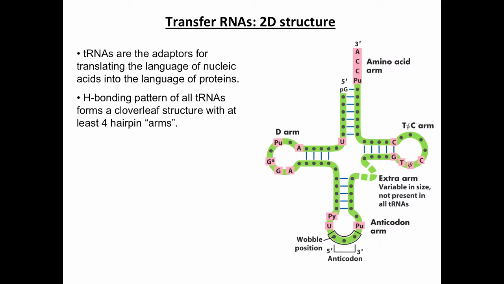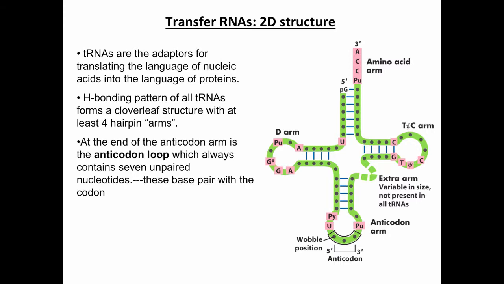So you have hydrogen bonding in the actual tRNA sequence, and that's going to form this cloverleaf structure that has 4 hairpin arms. You have a T psi C arm, you have an anticodon arm, you have this other hairpin called the D arm, and then you have the amino acid arm.